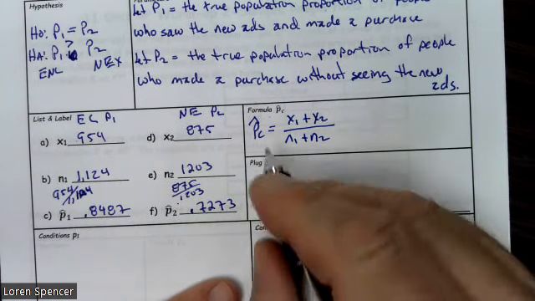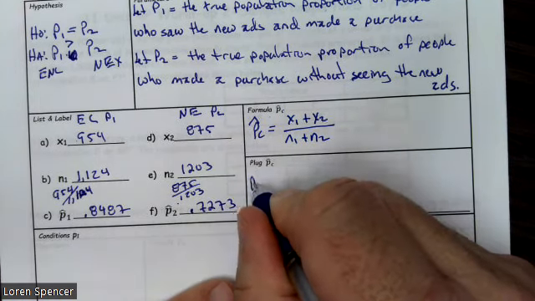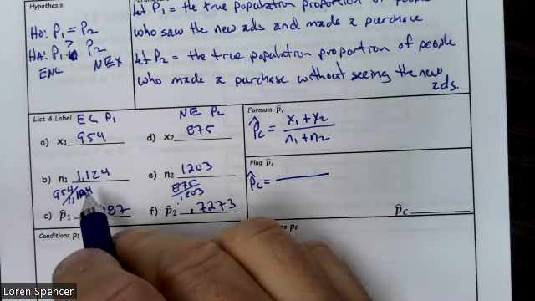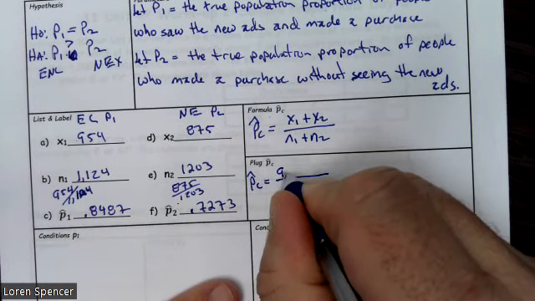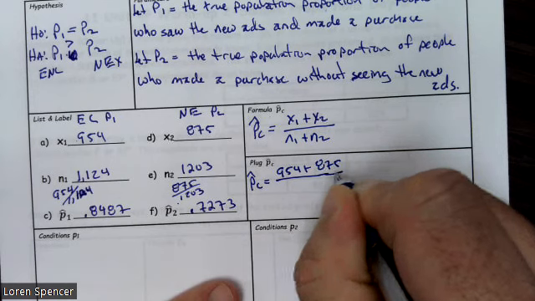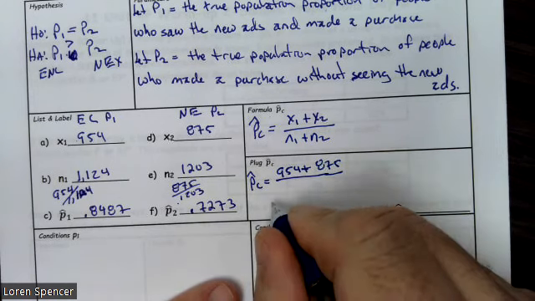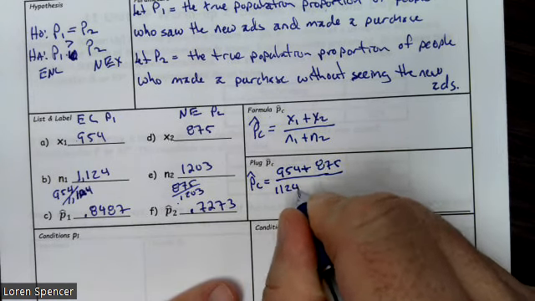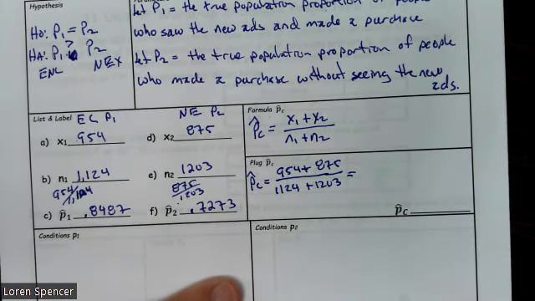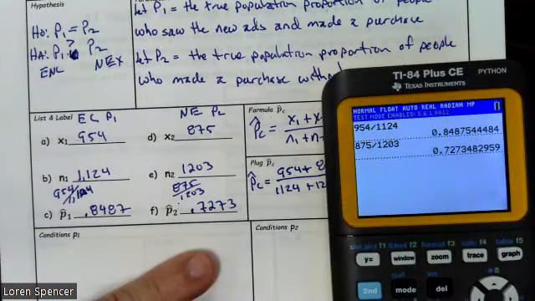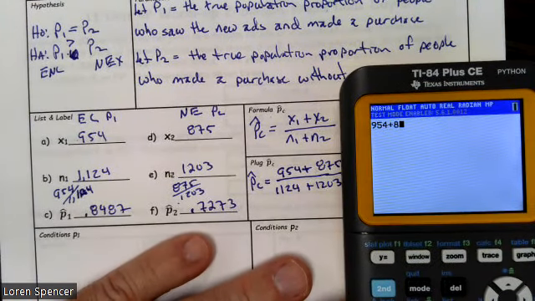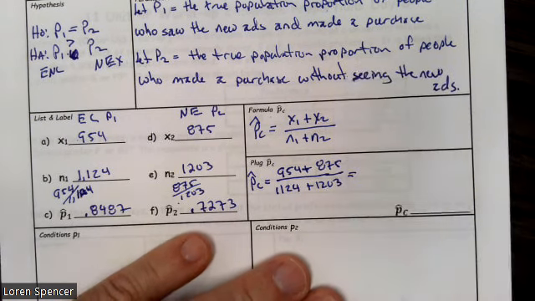We need to go ahead and plug in and figure that out so that we can do our conditions. p hat c equals X1 is 954 plus X2 is 875, and then we have 1124 plus 1203. So 954 plus 875 is 1829.